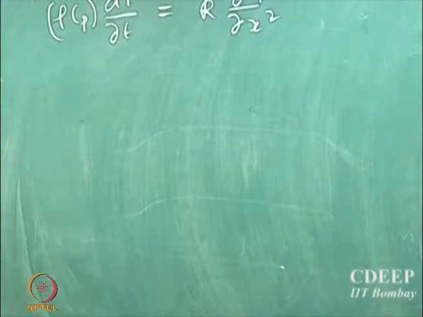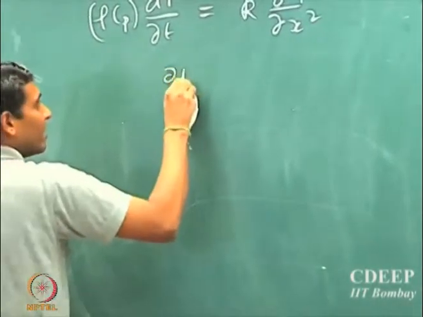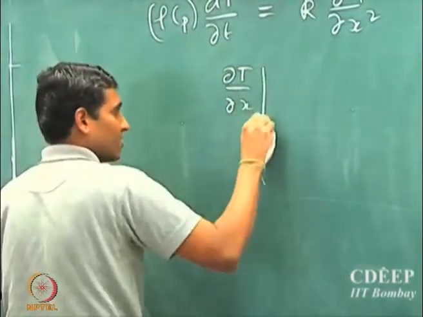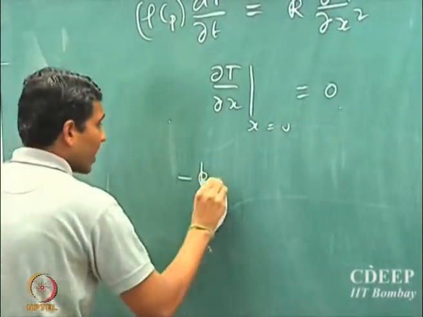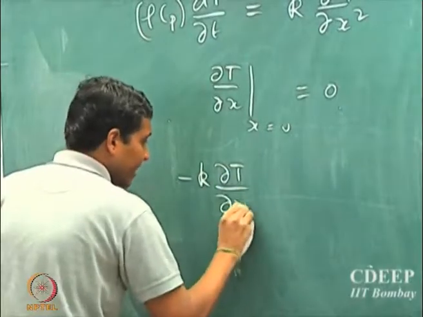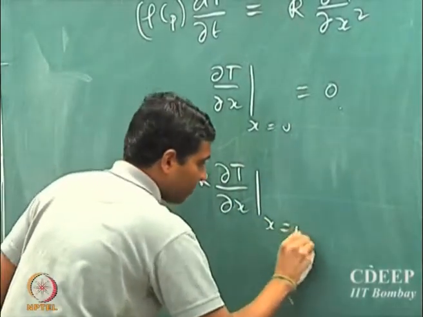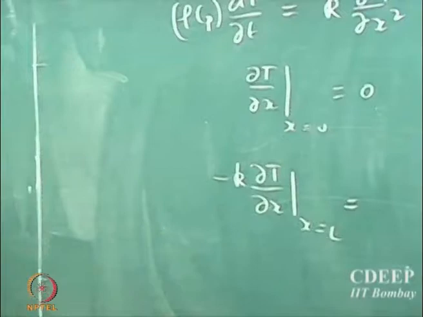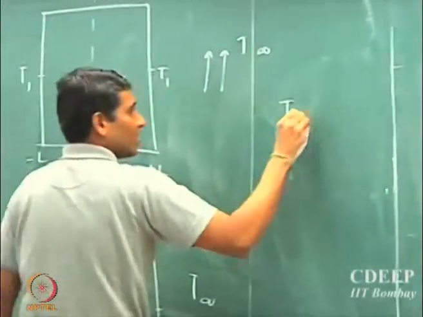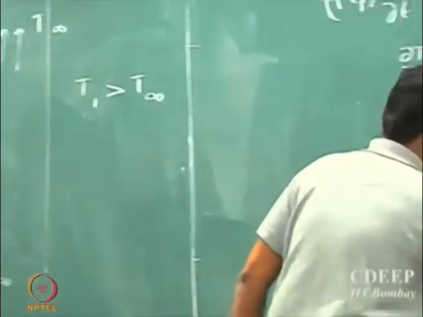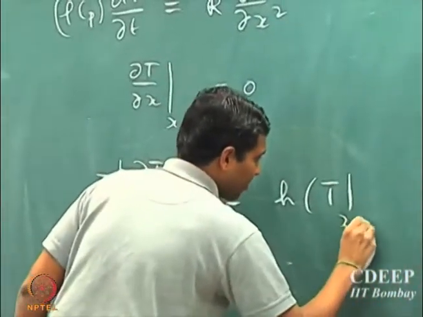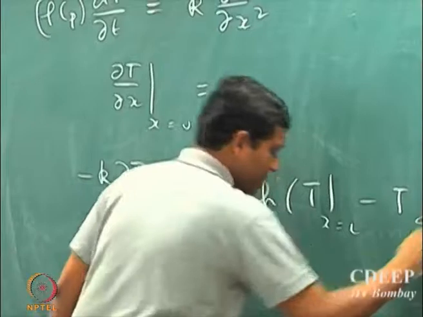The boundary conditions will be dT by dx at x equal to 0 is 0, and minus k dT by dx at x equal to L, if I assume that T1 is greater than T infinity, will be h into T at x equal to L minus T infinity.